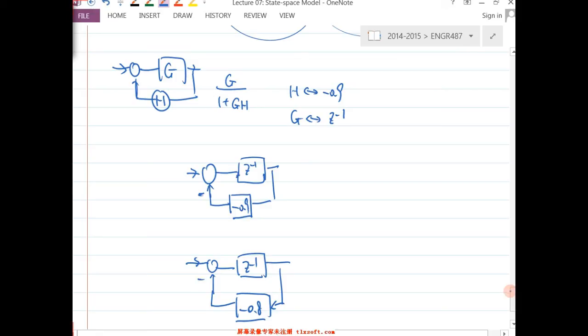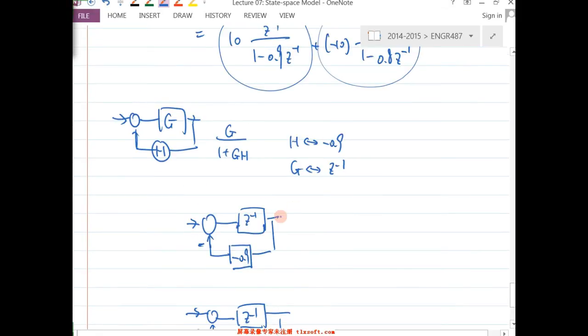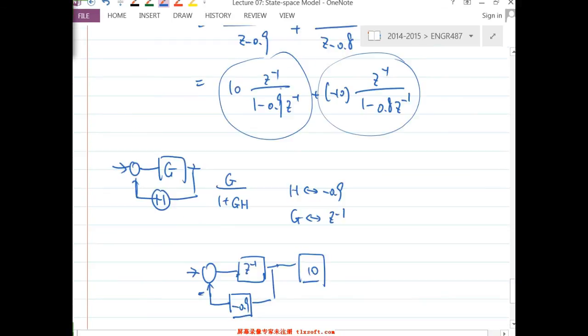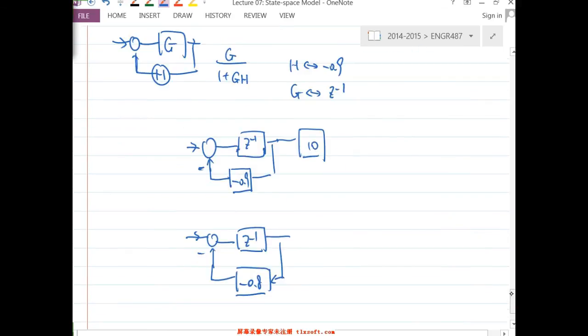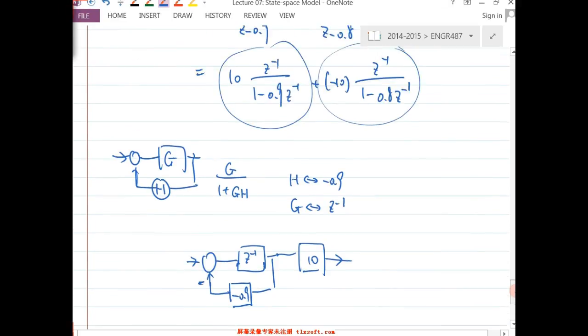The output of the first block is multiplied by 10, and the output of the second block is multiplied by negative 10. The output is the addition of these two.